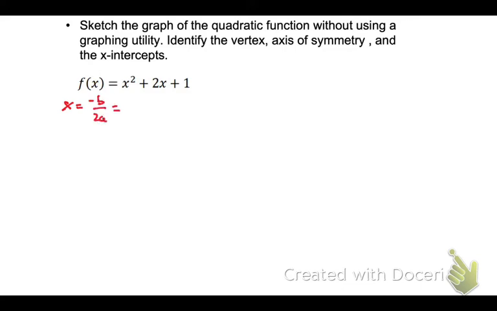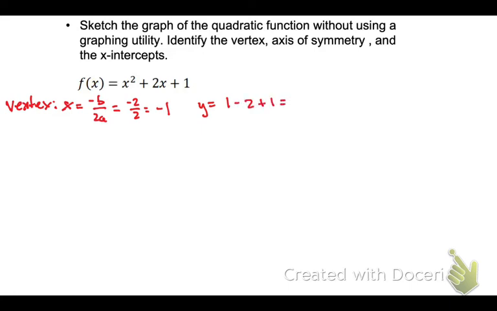So what do I get when I do negative b over 2a? Negative 1. I get negative 2 over 2, so I get negative 1. I probably should label that I'm doing the vertex, huh? So there's the x. How am I going to get the y? Plug it in. So that'd be 1 minus 2 plus 1.